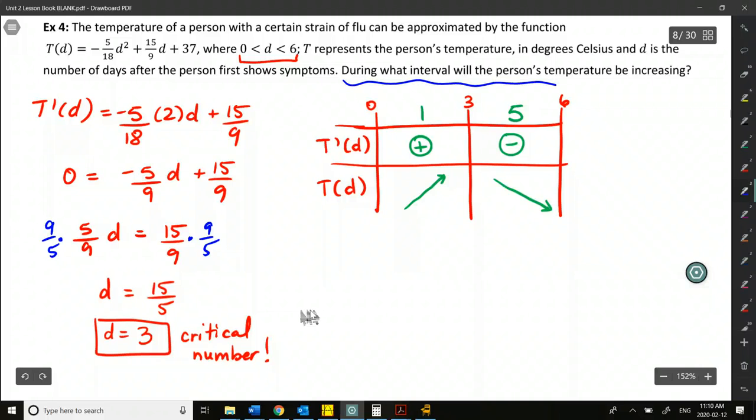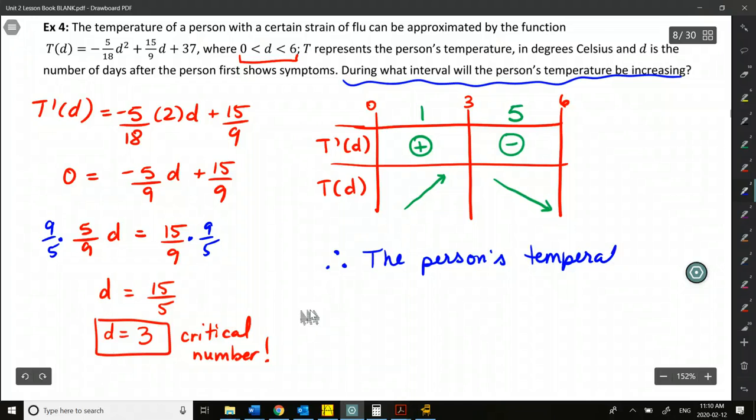Okay, so the answer to our question here, during what interval will the person's temperature be increasing? We could just make a therefore sentence. Therefore, the person's temperature will be increasing from day 0 to day 3.